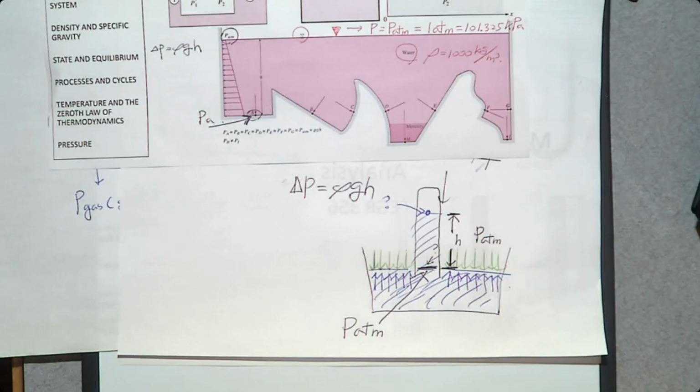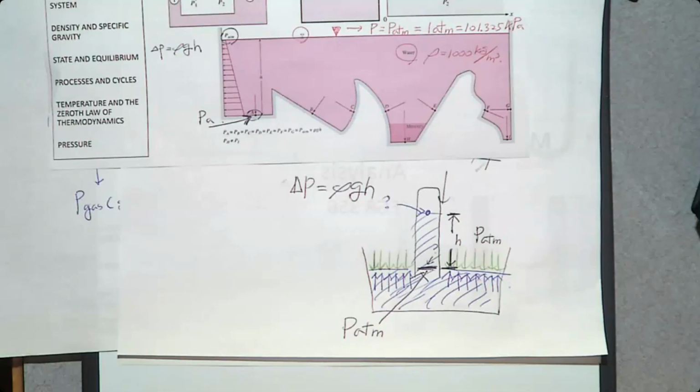We have the density of water, and there's gravity. So if they are the same, this doesn't work. So the pressure at this location shouldn't be the same as the pressure at the bottom. Then, is this pressure greater than PATM or less than PATM? Less. That's correct, because pressure goes up this way.